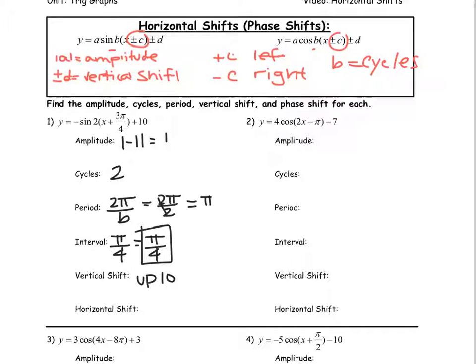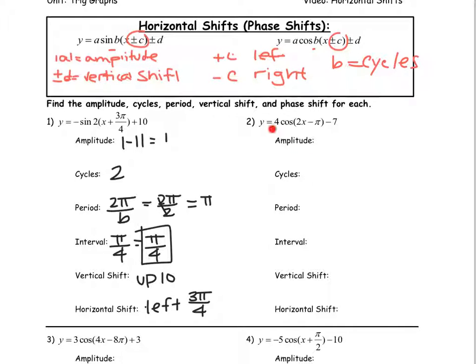And now the horizontal shift. So remember, if it's plus a number, like it is here, plus means to go to the left. So our horizontal shift is simply left 3 pi over 4. And that's it. All right, let's try example number 2.